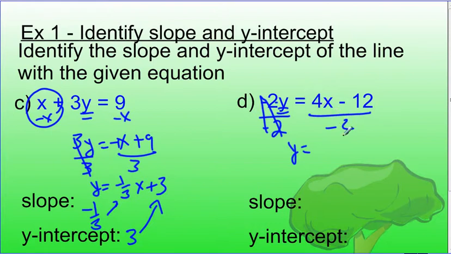Now, we don't write that as a fraction because that can actually divide. 4 divided by negative 2 is negative 2. Negative 12 divided by negative 2 is a positive 6. So now we have our equation in slope-intercept form.